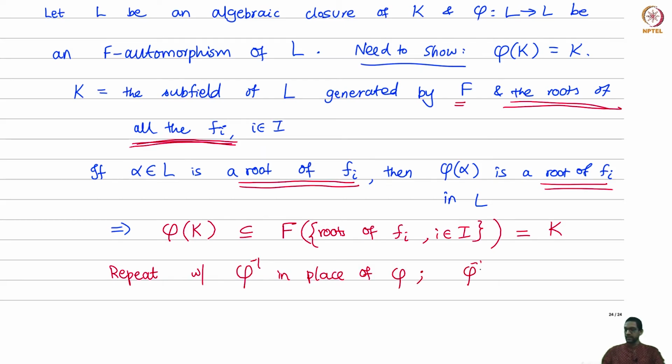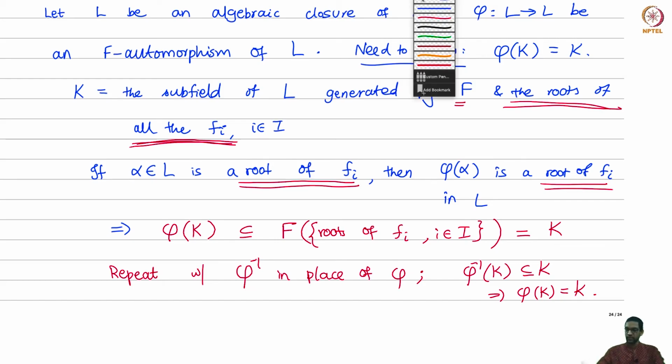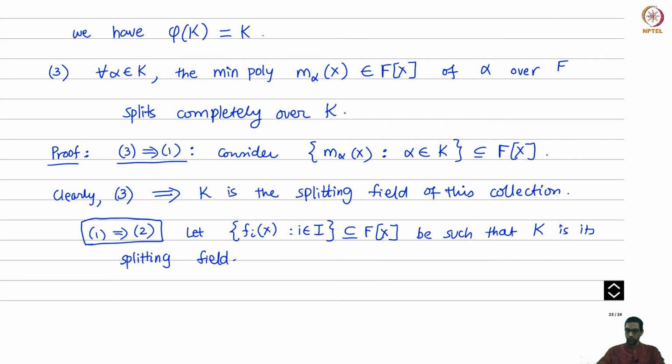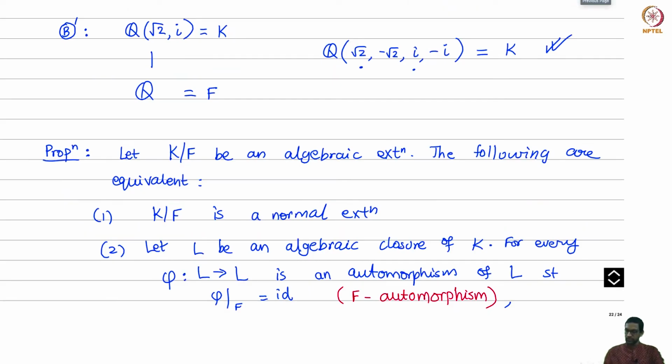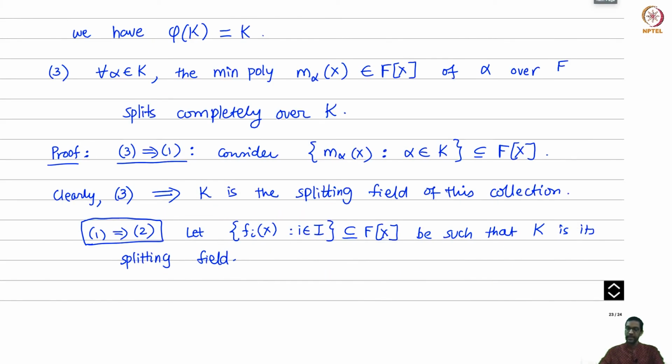You conclude that phi inverse of K is a subset of K, and therefore phi K is equal to K. Okay, and that's exactly what we needed to prove in part 2 of this proposition, that whenever you take an F-automorphism of L, then K is preserved by that automorphism. So that's 2 parts of what we need to show.